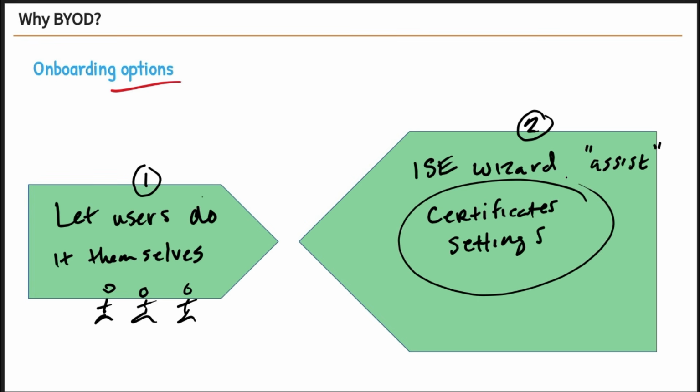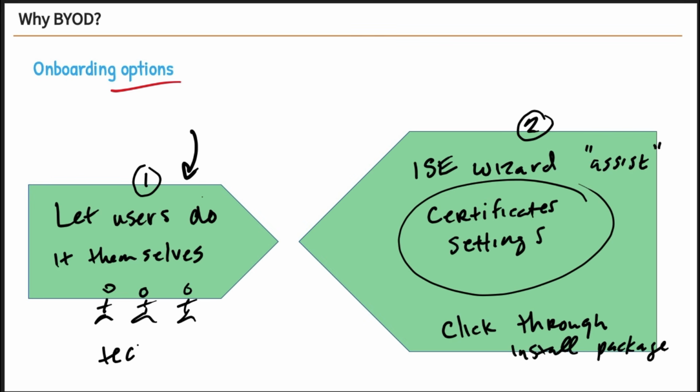Now, this wizard, we'll see it in action later on, allows this to happen, but the user does have to click through the wizard and also install a software package and go ahead and run it. It's super simple, and we'll see it, but that is required. So you've got a couple different options. Of course, with this one, we're going to have to make sure that they are somewhat tech savvy, whereas over here, they just need to have a basic understanding of how to go through a wizard.